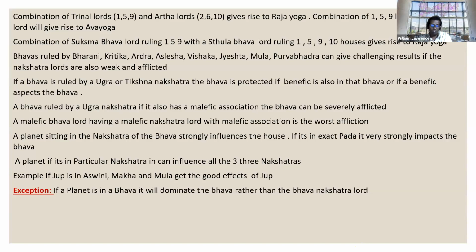So some bhavas outwardly might look nice, but you cannot understand the bhava completely without understanding the nakshatra in that particular bhava. Even a bhava like Mithuna, say the seventh house is Mithuna. With Mrigashira or Punarvasu as the seventh bhava madhya, it will not do badly.